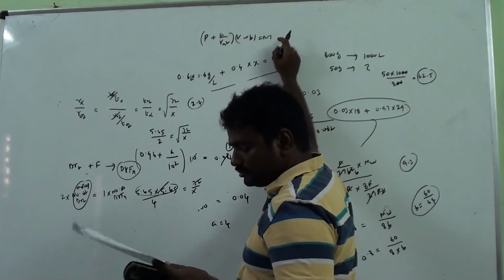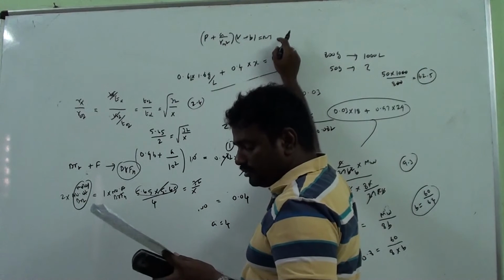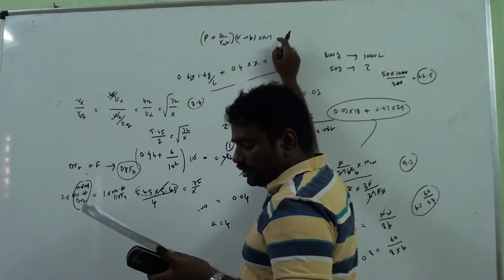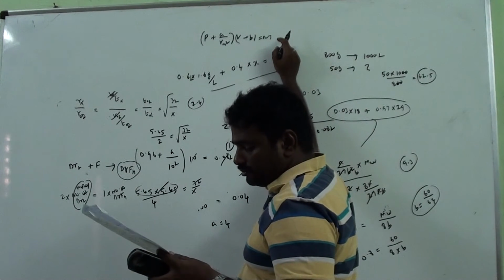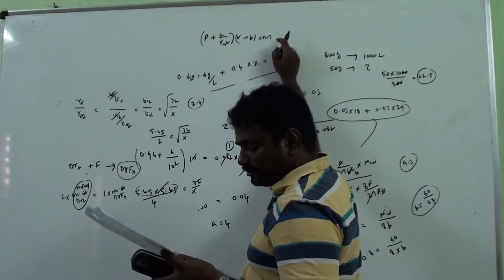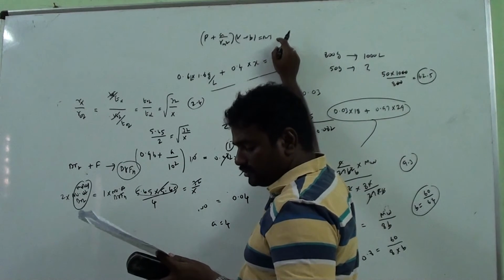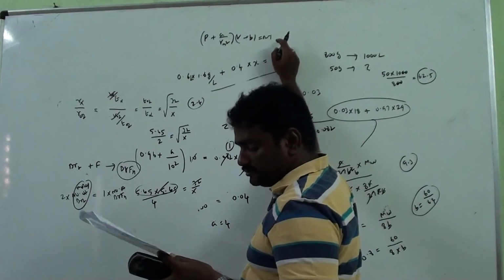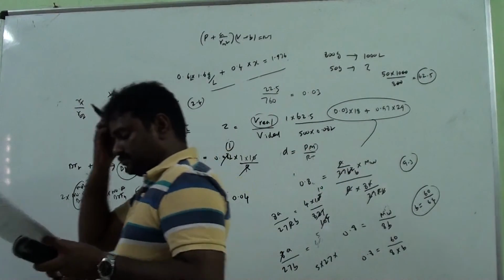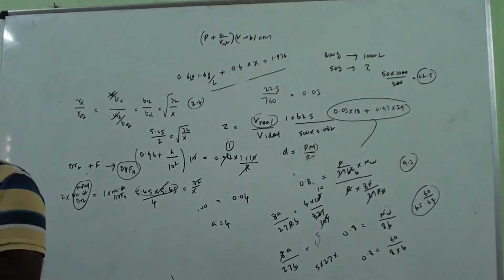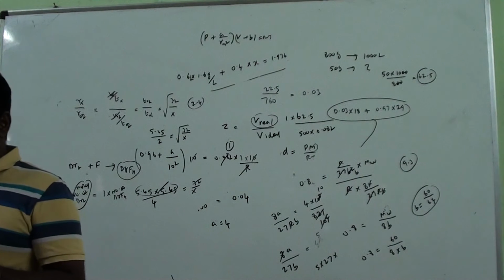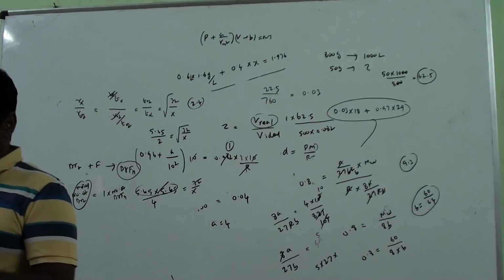That's true. Pressure 0, high temperature, so molar volume is large. Volume tends to 0, PVm/RT statements are false. Only A and C are correct. What will it be? AC. Right. So that is the question.